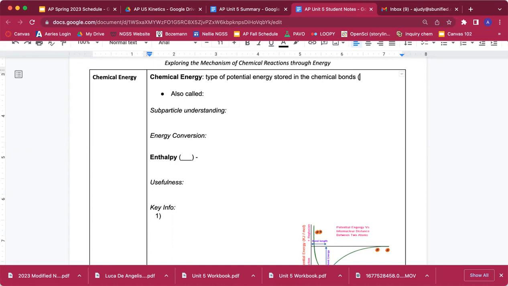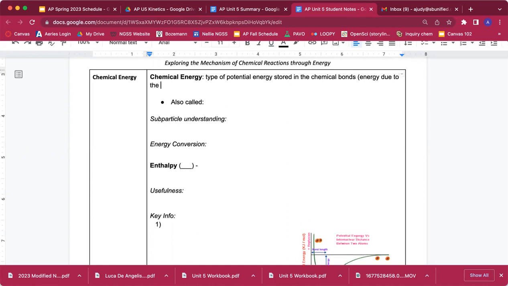So what we're really thinking about is the energy due to the particular bond arrangement of the atoms. How they're bonded is a way to arrange them in space and give them a unique value of energy that could potentially be used to do something else.